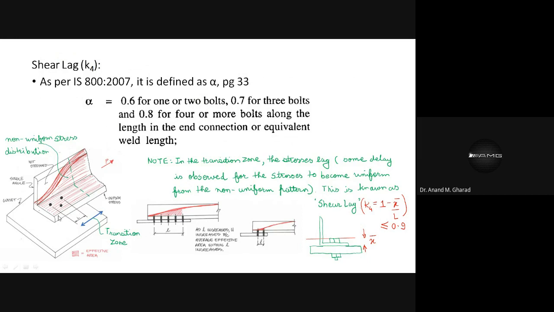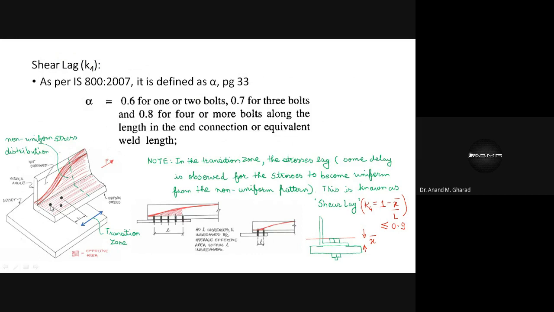Since weld is most of the time provided throughout the connection part, from here to here, here to here, the connected length is always more, and hence this alpha value for weld length is given as 0.8.